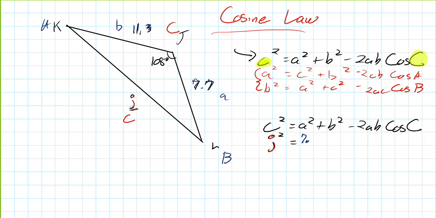So that's 7.7 squared plus 11.3 squared minus 2 times 7.7 times 11.3, and then cos, what is that angle? That angle happens to be 108, okay?